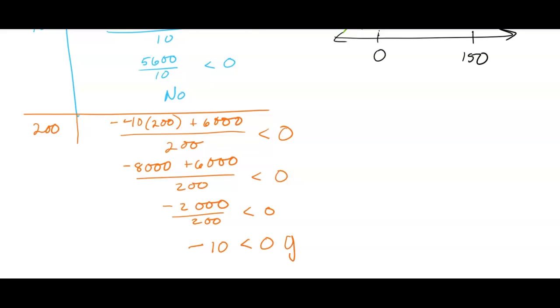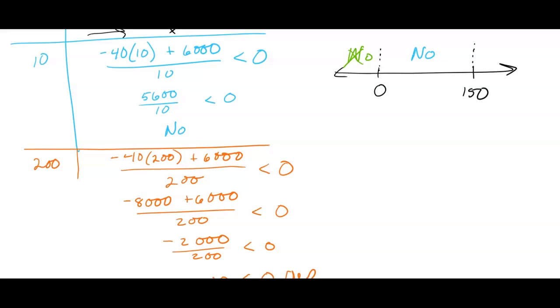So yes. What does it all mean? It means if you want the average cost to be less than $60, you have to make more than 150 of whatever you're producing.